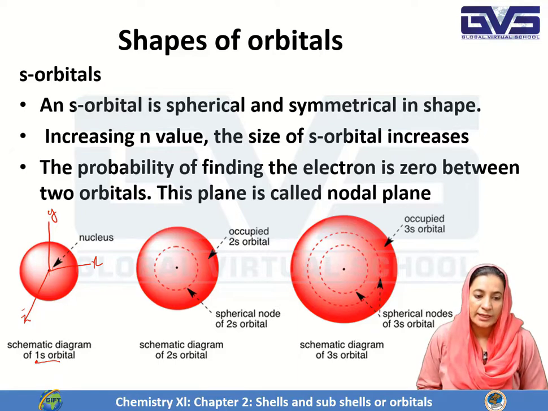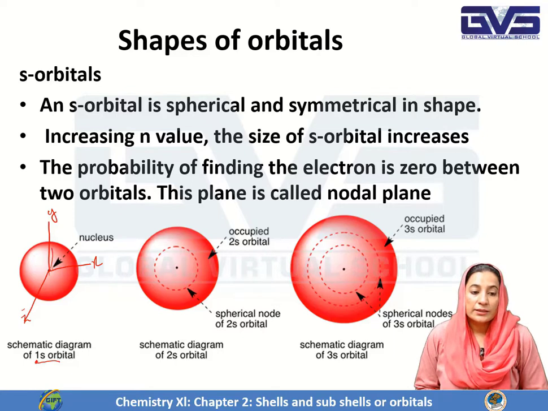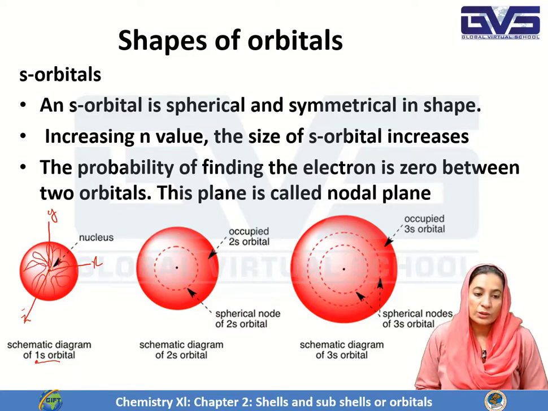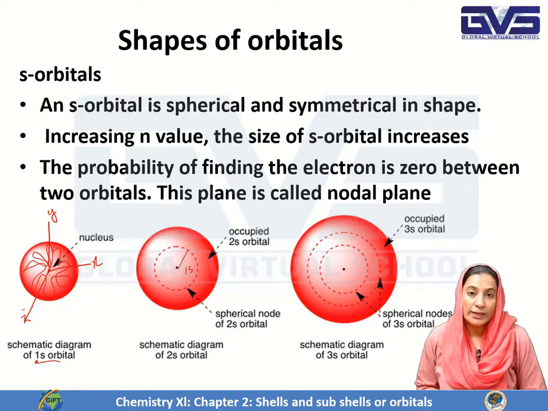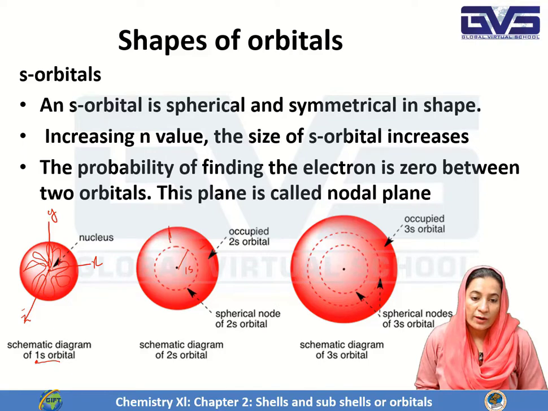This is spherical and symmetrical, and the area around the nucleus on the x, y and z axes where the probability of finding the electron is maximum is called the orbital. In case of s, this is the spherical shape. And when it is the 2s orbital, this area is for 1s, and this larger area is for 2s.